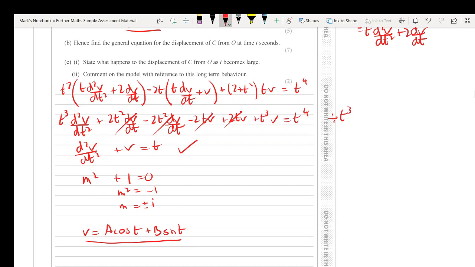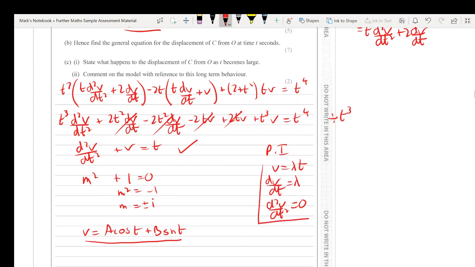However, we need a particular integral because it equals something. On this side we've got a t at the moment, so we will choose lambda t to be the answer. So for the particular integral, we're going to choose v equals lambda t. We differentiate that and substitute it in. So dv/dt is lambda, and d2v/dt squared is therefore 0.